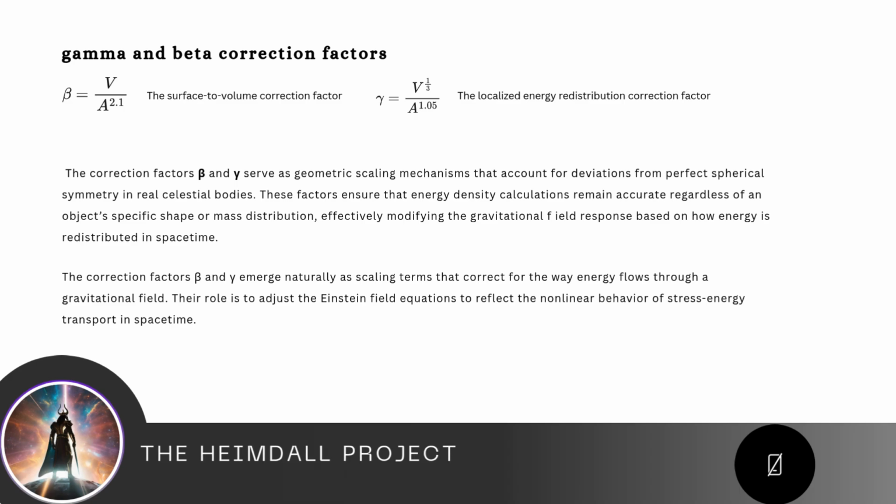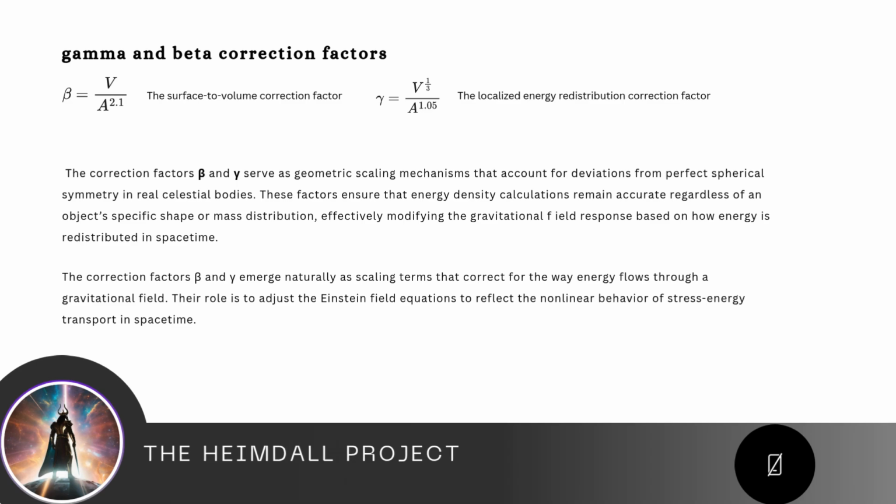If you have a radius and you found a way to calculate the surface area and the volume of that banana-shaped celestial body, then you're going to need these correction factors to account for the imperfections, right? But if you just took the banana and said, this is what I think the mass of it is, it's not accounting for how space-time is actually responding to that specific shape.